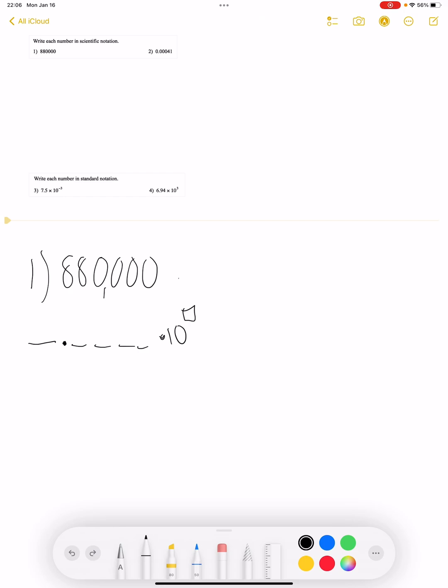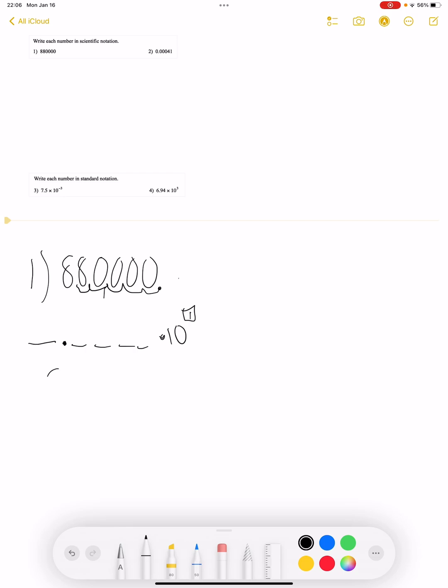Now, honestly, the easiest way that I know to do this is to count. So right now our decimal place is here. Every time I move my decimal place to the left, I add 1 to my exponent for 10. So here that would be 1, 2, 3, 4, 5, like this.